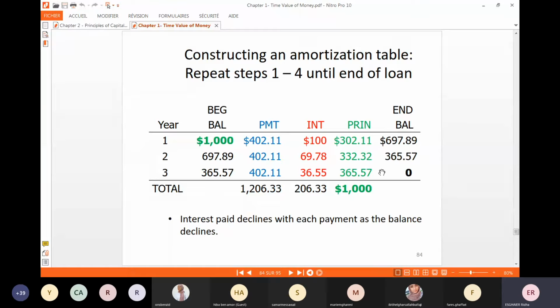So if you take, for example, $1,000 over 1 plus i to the power 3, 1,000 over 1.1 to the power 3 will give you 751. 751 is the amount that you will receive from the lender today.